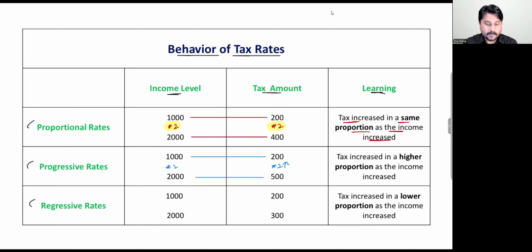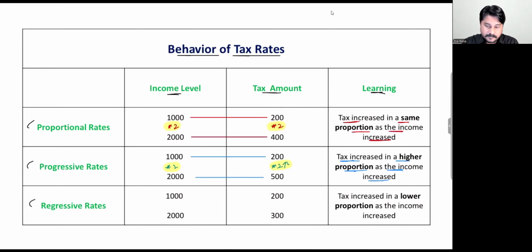Income has increased with the proportion of 2, but the tax has increased in a higher proportion as compared to your income. So we can say that tax increased in a higher proportion as the increase in income. So when such tax rates are applicable, we can say that these are the progressive tax rates, because tax has increased in a higher proportion as compared to your income increase, right?